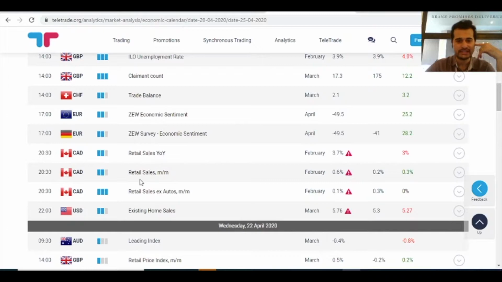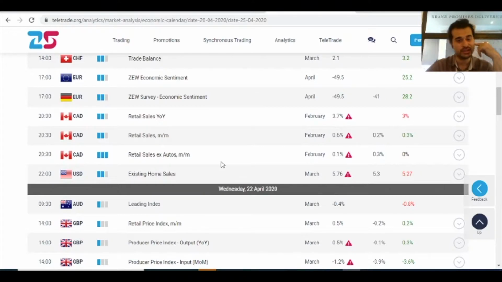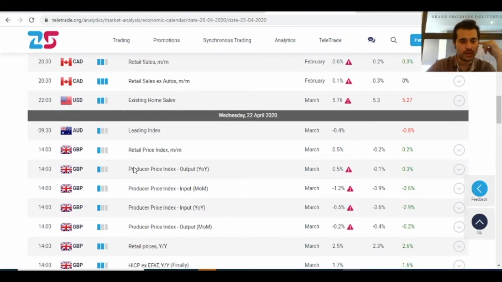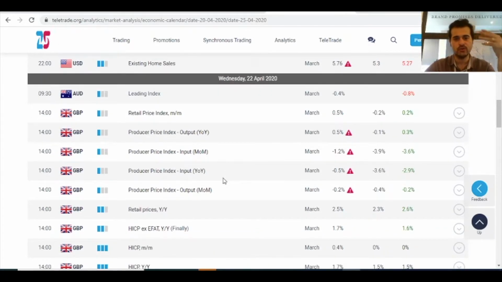We also had retail sales come out, month on month and year on year, from Canada, and the Canadian dollar was hit hard by the things that were happening in the oil market. All in all, we saw a major decline in the oil industry. We also had GBP data coming out, the producer price index and also retail price.